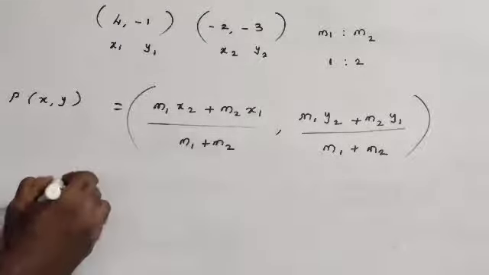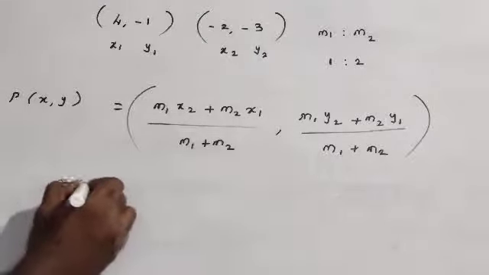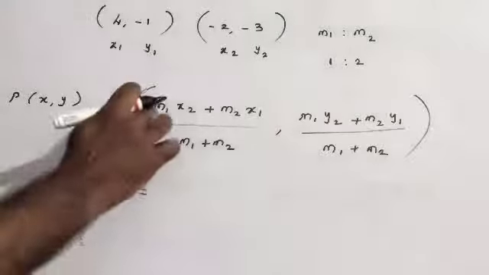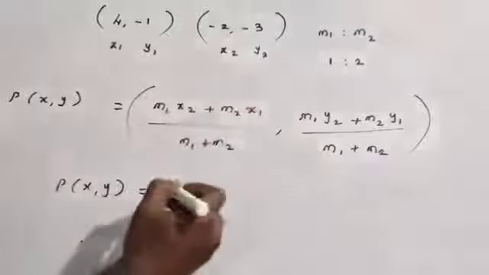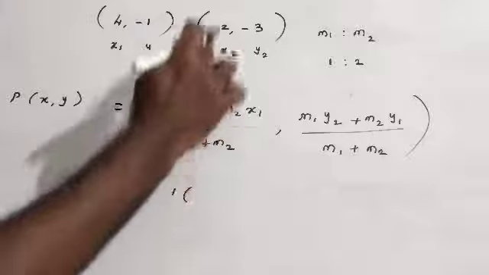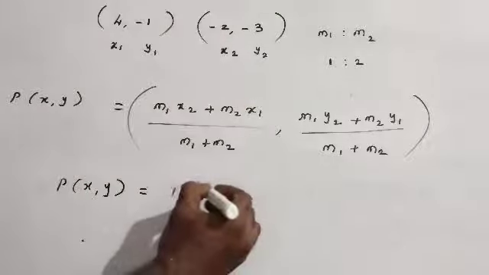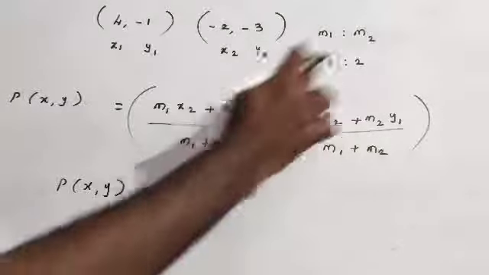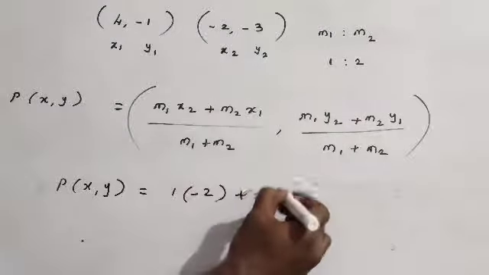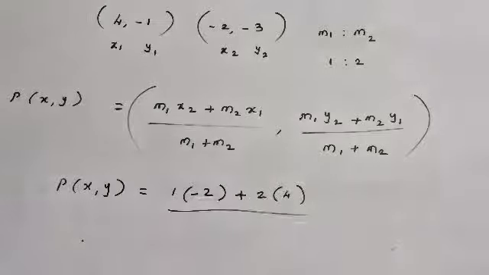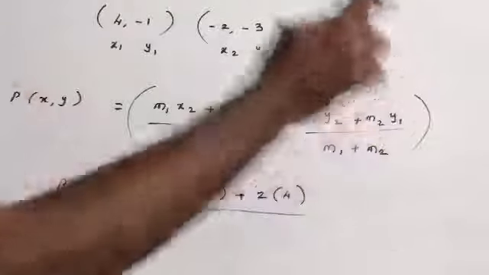P of x, y equal to, for m1 write 1, for x2 write -2, plus m2, that is 2, for x1 write 4, by m1 plus m2, that is 1 plus 2.